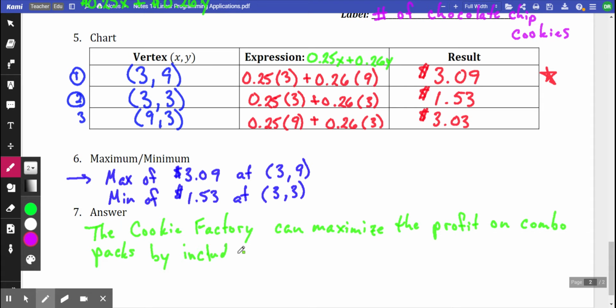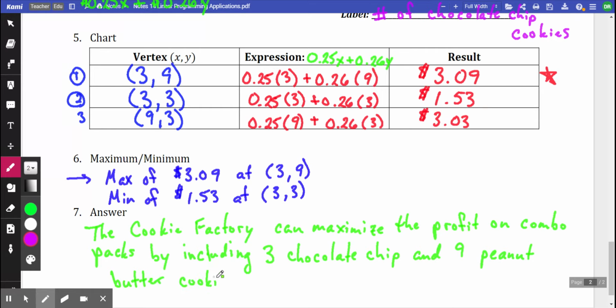It was 3 chocolate chip cookies. So 3 chocolate chip and 9 peanut butter cookies.